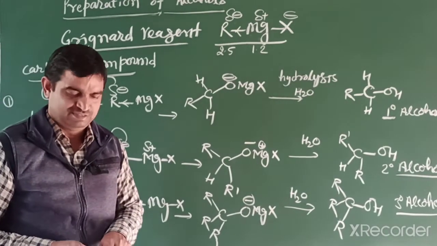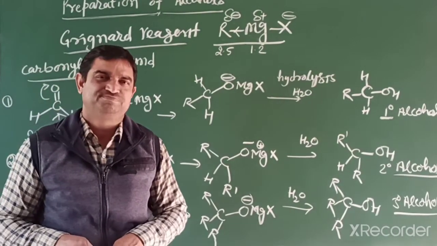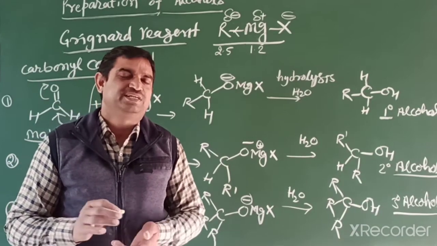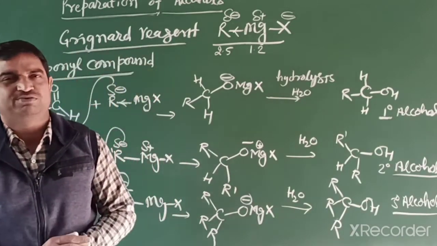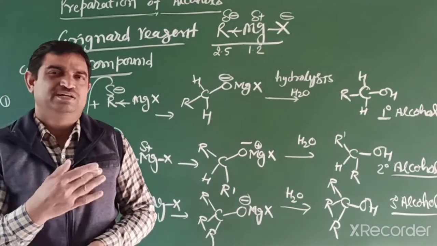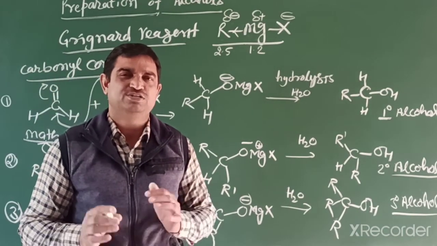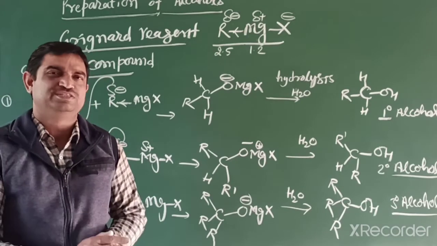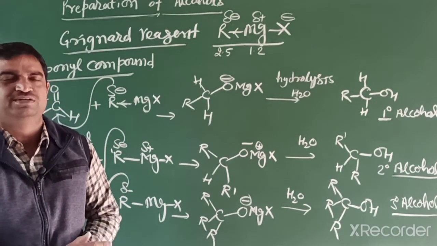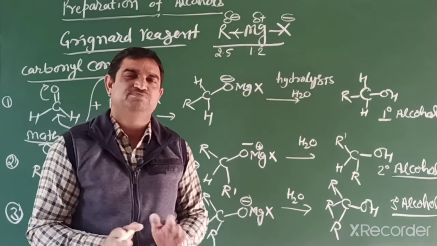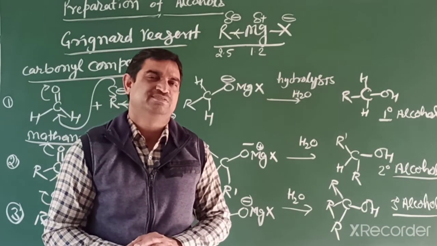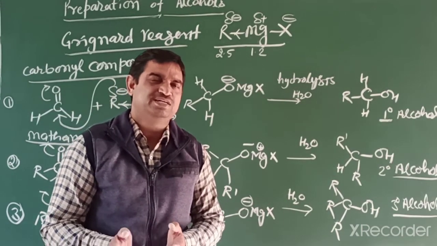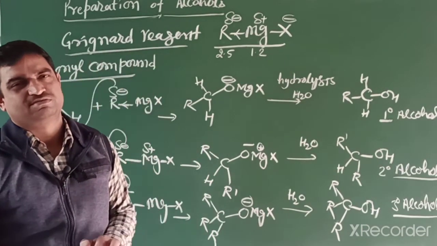First method: hydration of alkene, acid catalyzed hydration according to Markovnikov rule. Then the next reaction is hydroboration oxidation. In that reaction also, on an alkene, first addition of borane, and then in the presence of hydrogen peroxide and base sodium hydroxide, it converts into the corresponding alcohol.